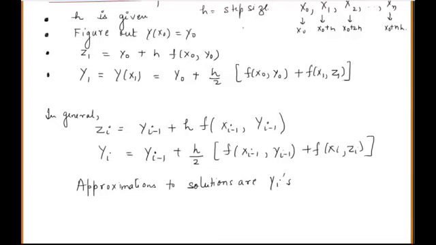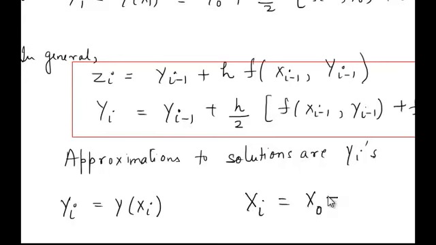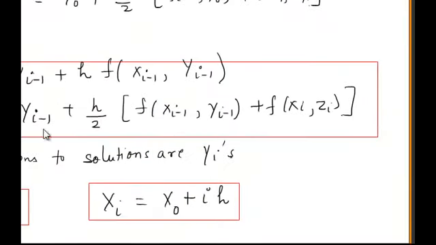Okay, so this is the approach. Yi means y at xi, and similarly everywhere xi is x naught plus ih. So these are notations: what yi means, what xi means, and zi similarly is the intermediate approximation, which is z at xi.